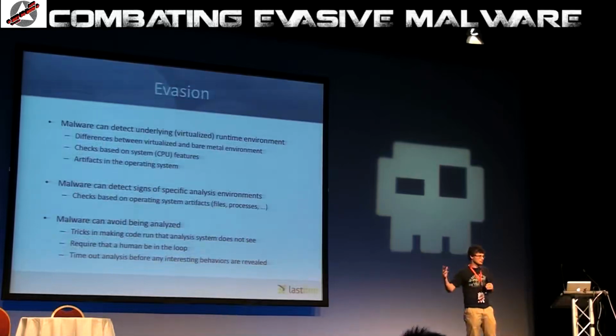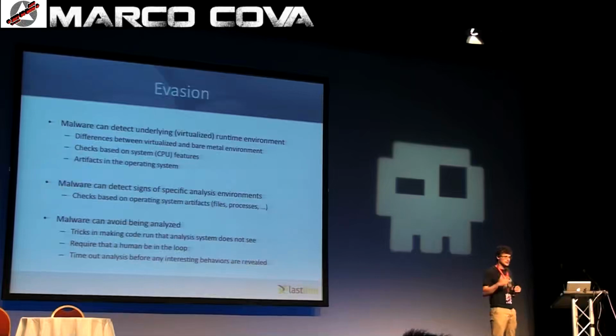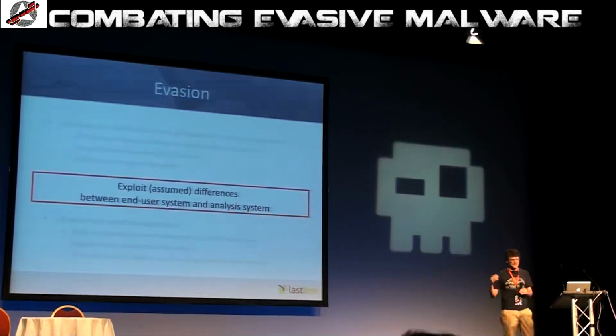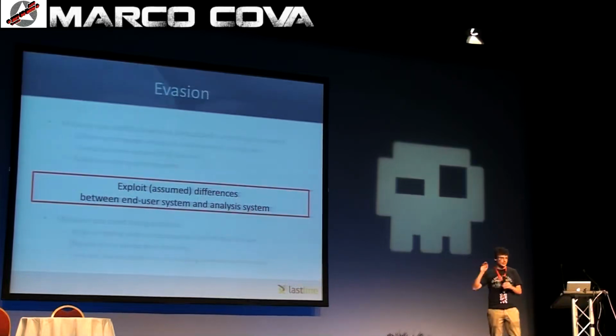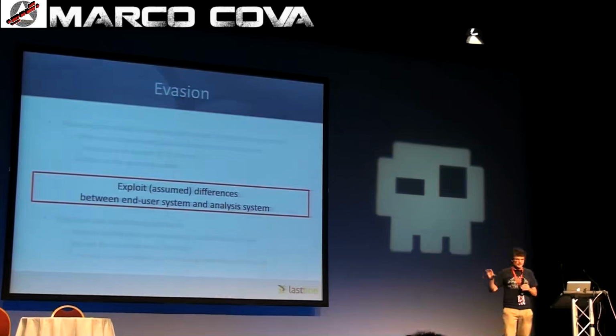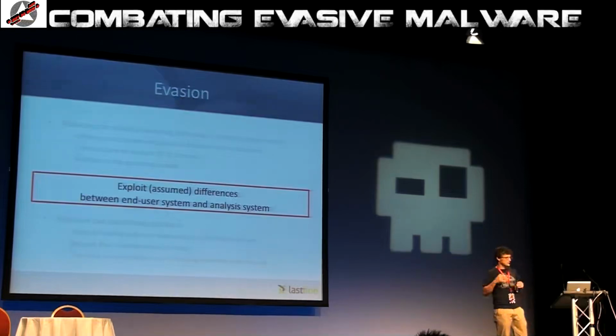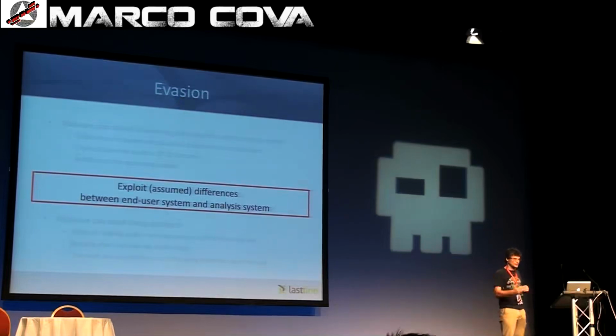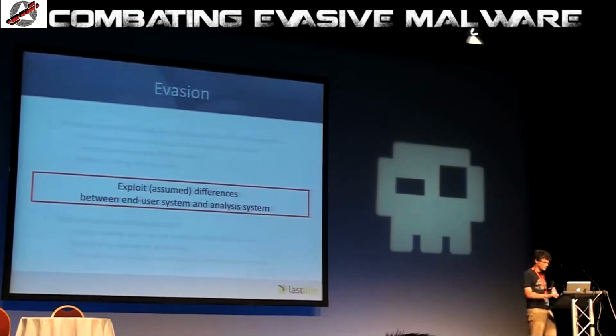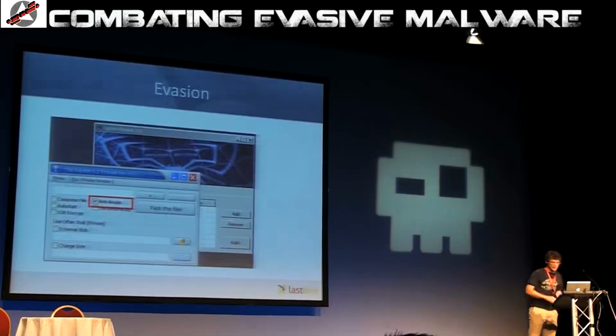But on an actual user machine, it continues to execute, and only after that time will it do all the malicious activity. All right, so in a nutshell, malware authors try, in very clever ways sometimes, to find the differences between analysis systems and actual end users' machines.